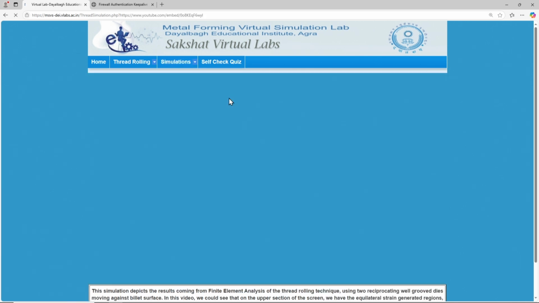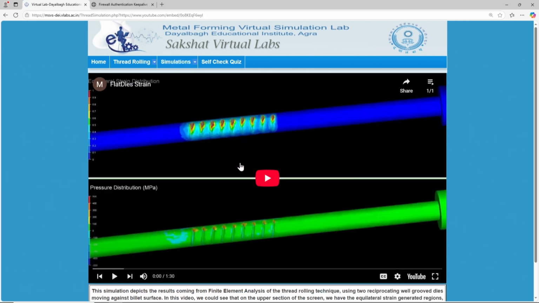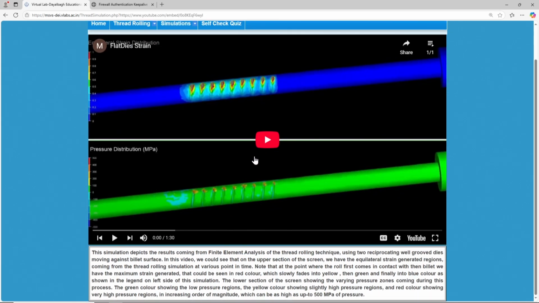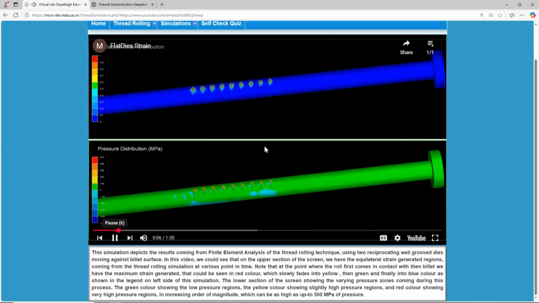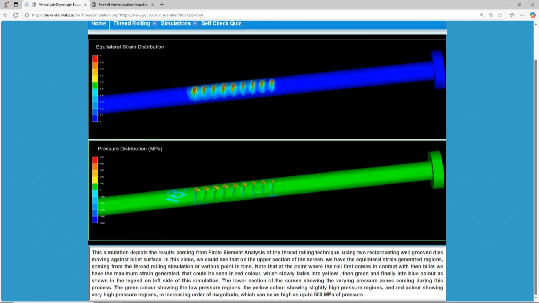I will only try to see the equivalent strain here. You can see here, if I play the video, this simulation tells us about the finite element analysis of the thread rolling technique using 2 reciprocating well grooved dies. Well grooved means it is designed or grooved according to the size of the thread that is required.